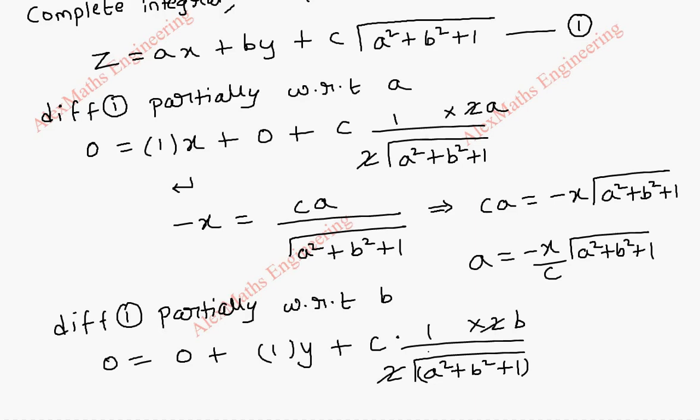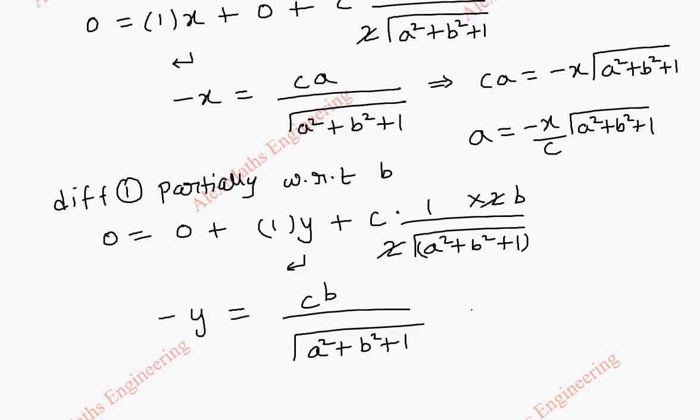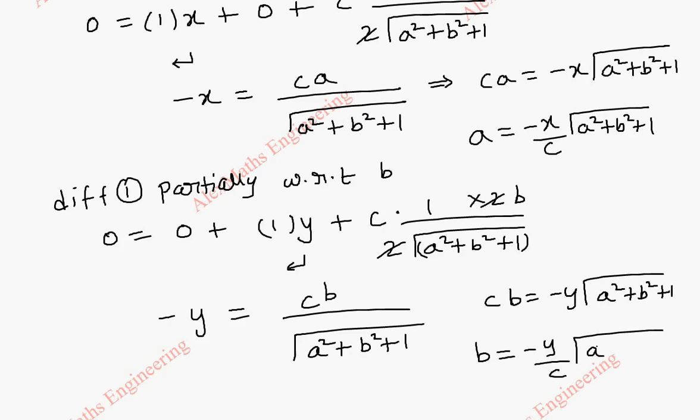You can cancel these two and taking this y to the other side, minus y equal to cb by root a square plus b square plus 1. By cross multiplication we get cb as minus y root a square plus b square plus 1, and b is minus y by c root a square plus b square plus 1.